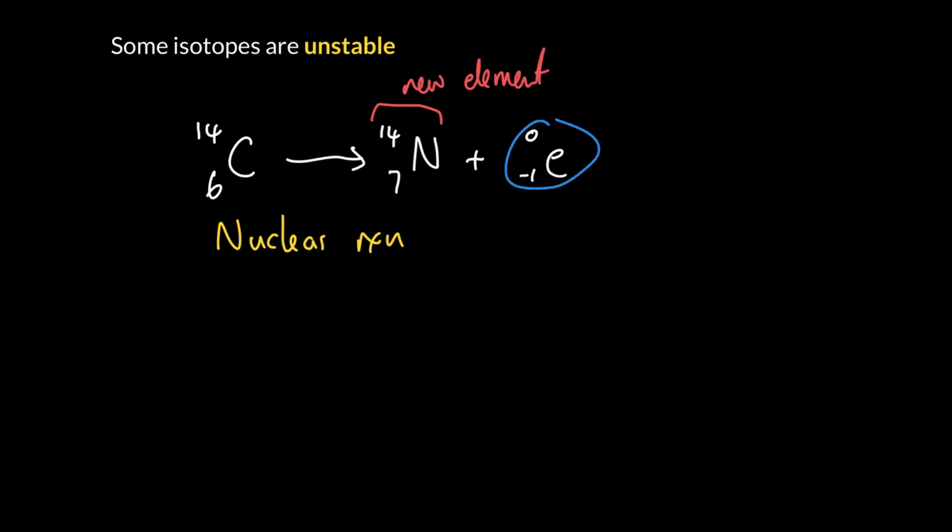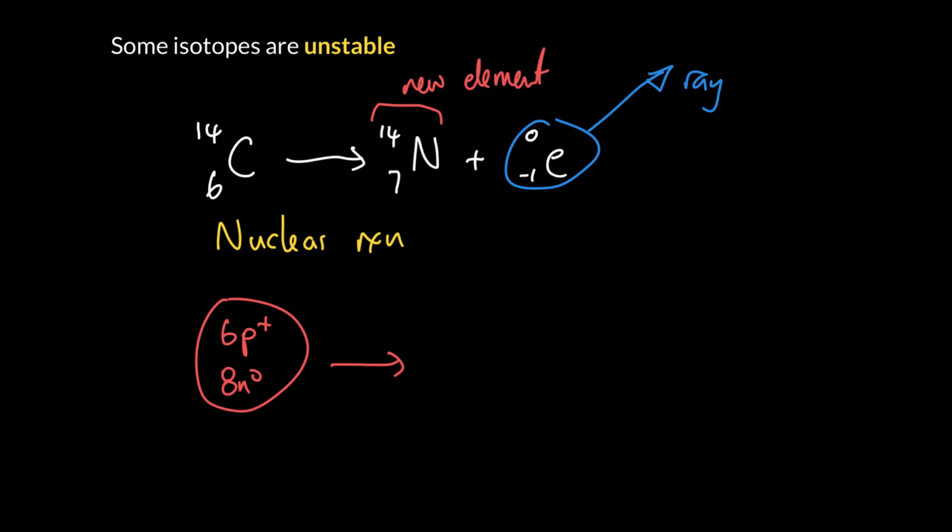And this electron here actually shoots out of the nucleus. So the nucleus actually changes and makes the carbon turn into nitrogen. And you get a ray of electrons shooting out of the element. In fact, this is why we call it radiation. So the particles that are given off from the nucleus emanate out in a ray or in a straight line. So what's going on here is if you peer inside of the nucleus, carbon has 6 protons and 8 neutrons, and during this nuclear reaction, one of the neutrons breaks down, and so instead of 8 neutrons, you've got 7 neutrons, and that neutron turns into a proton, so instead of having 6 now, you've got 7.